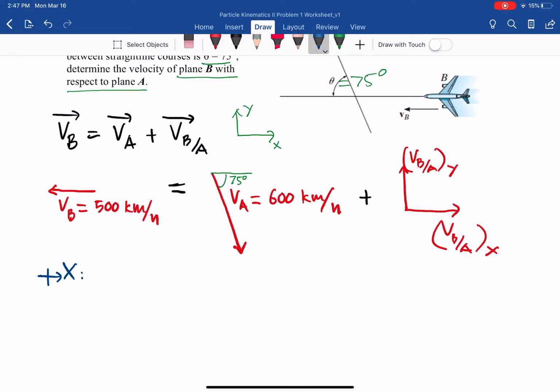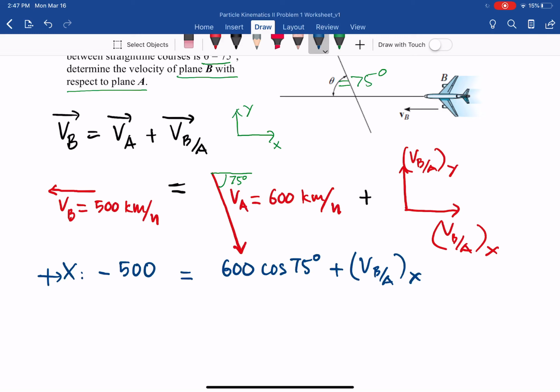As you can see, VB goes to the left, so it's negative 500 equal to VA, 600, and adjacent to the angle 75 for x component. So you have cosine 75 degrees, and it's positive, so it will be plus. And in the diagram, we assume VB relative to A in x component goes to the right. So you have plus VB relative to A x component.